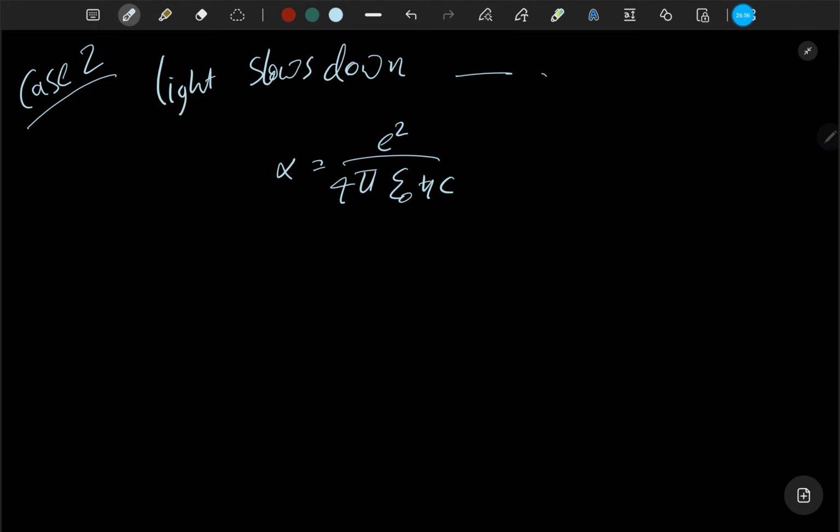Okay. If let's say c decreases, okay? So you need to change, let's take epsilon naught, to change proportionality or e or anything, so that the total ratio stays the same, right? It should stay the same.